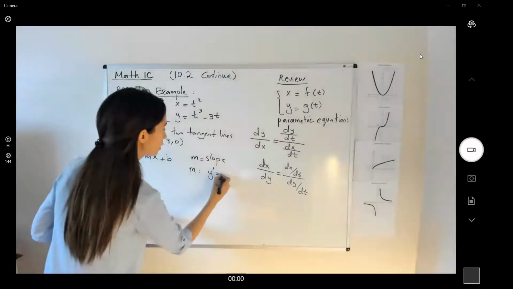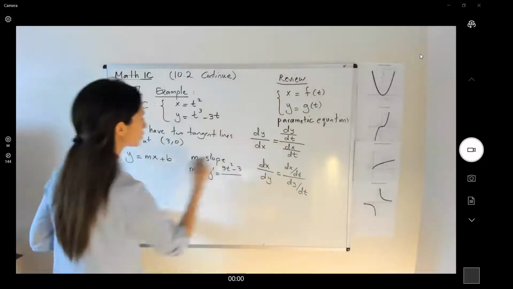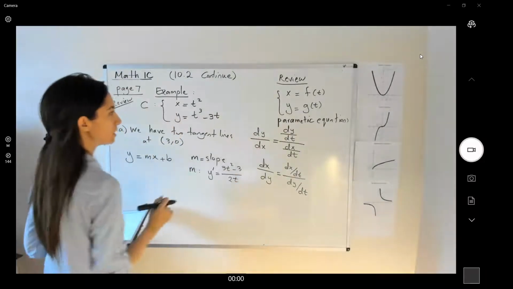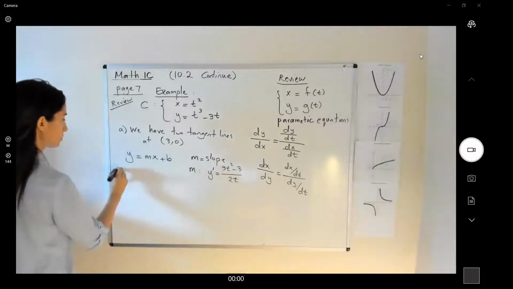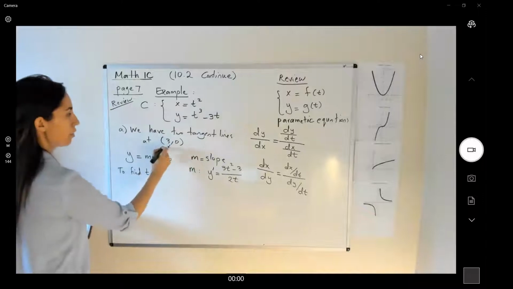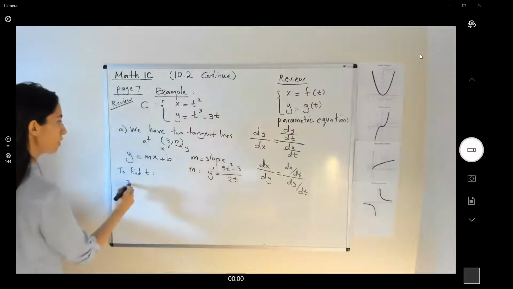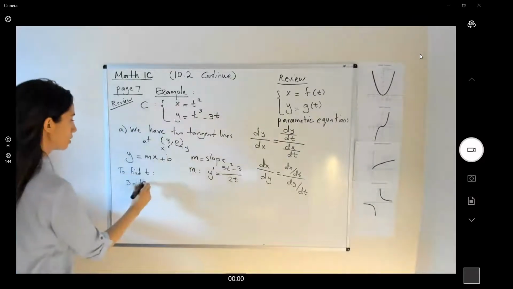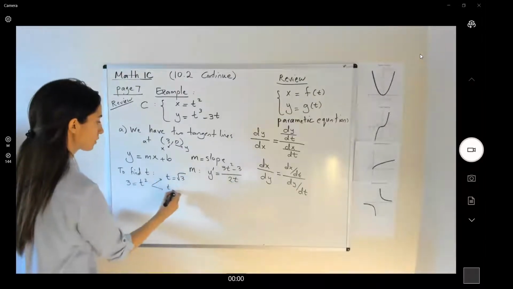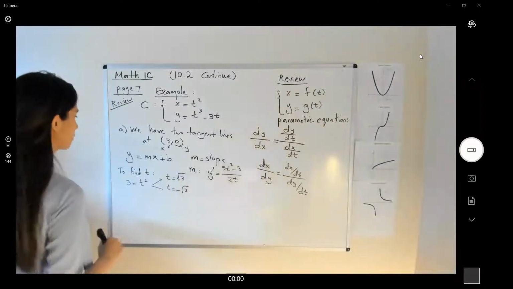If you remember, y prime was (3t squared minus 3) divided by 2t. So what is t? We plugged in 3 for x and 0 for y. 3 equals t squared. This gives you two solutions for t: t is positive square root of 3 and t is negative square root of 3.